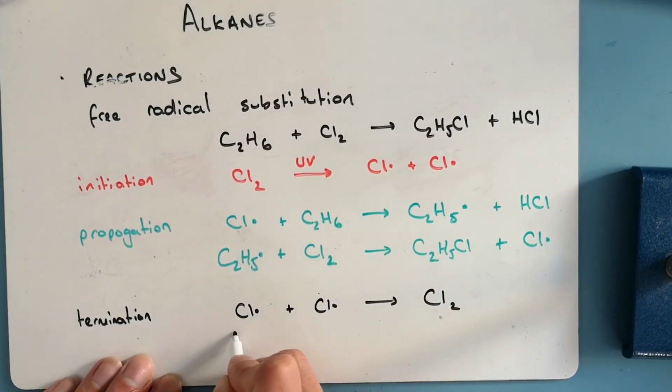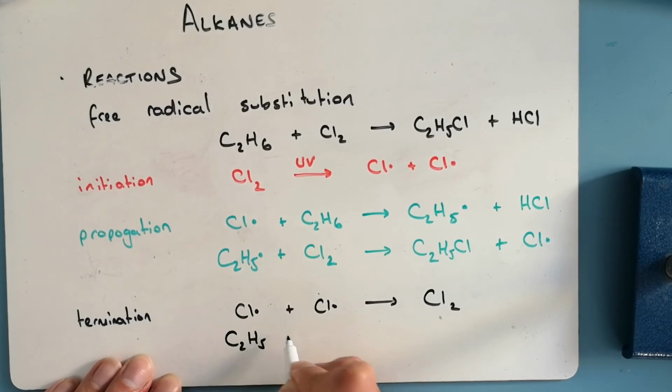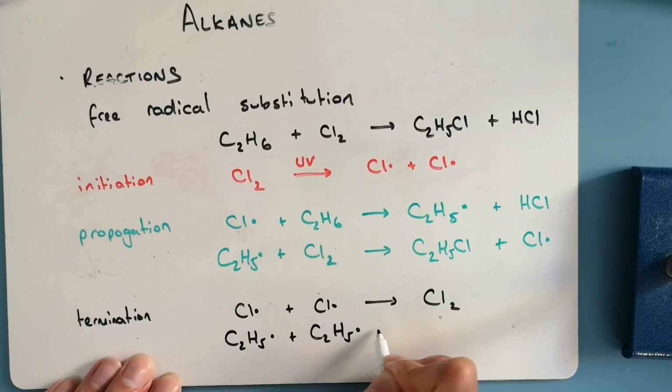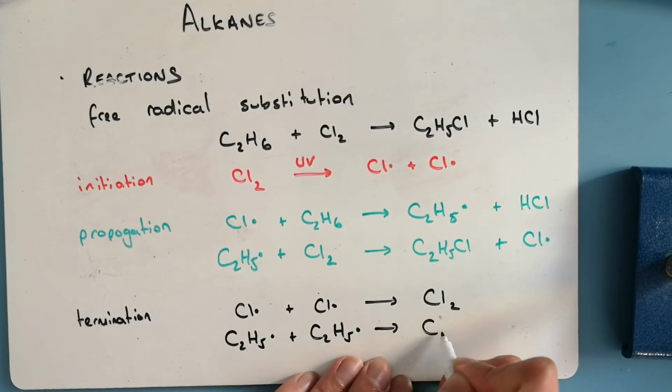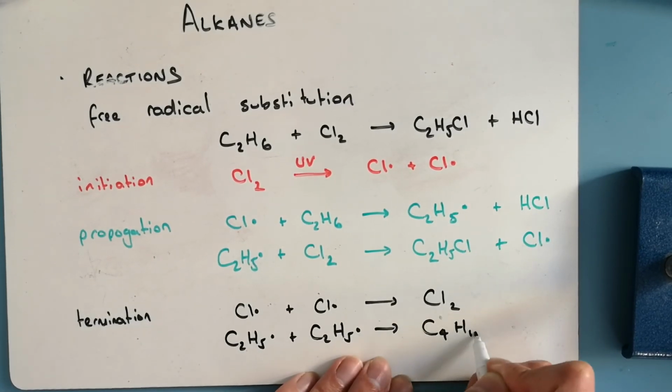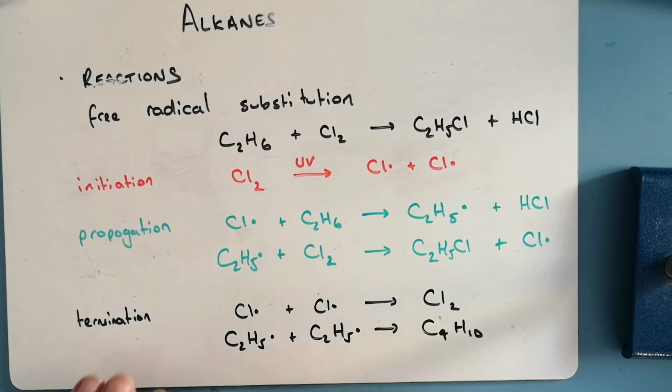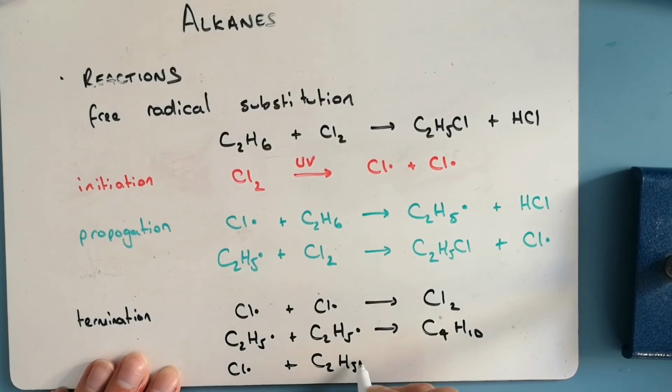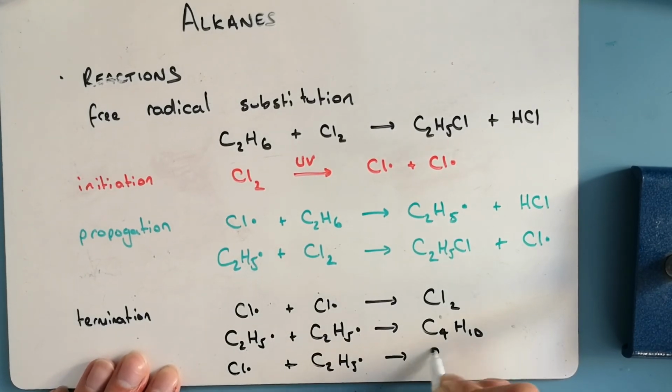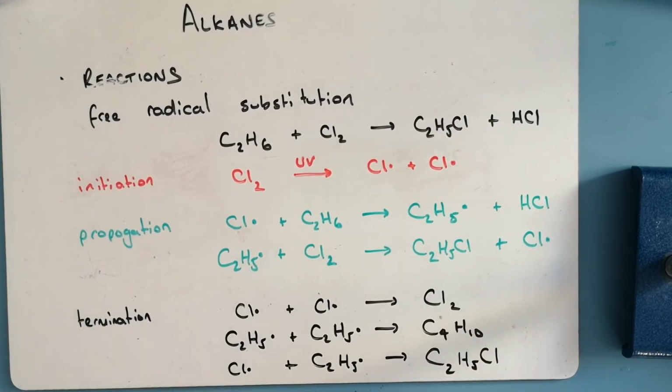Or two ethyl free radicals can do the same to form butane, or a chlorine free radical and an ethyl free radical can combine to form chloroethane. So we've got several termination steps.